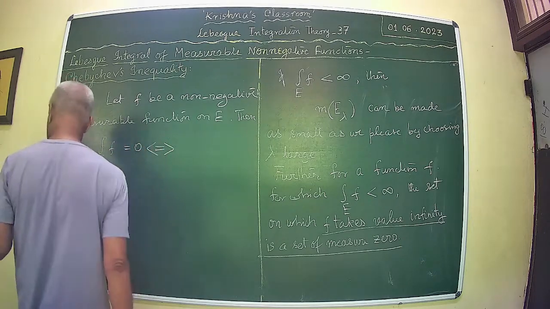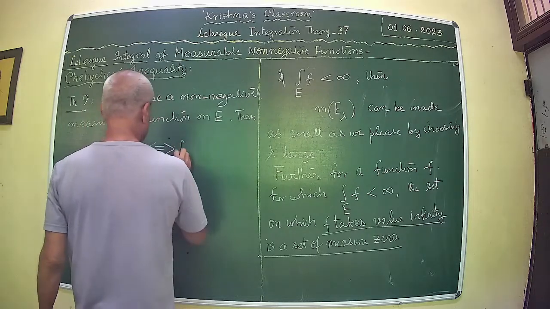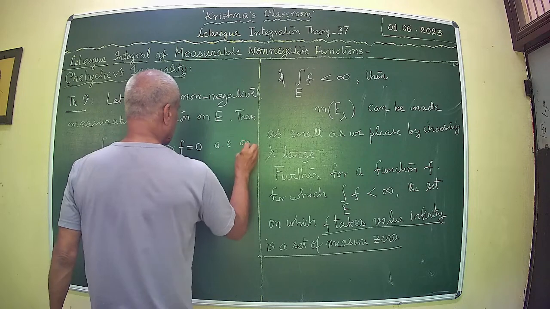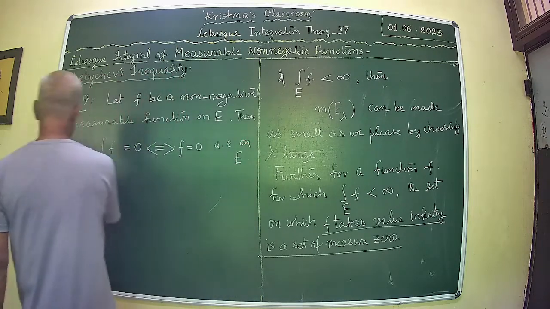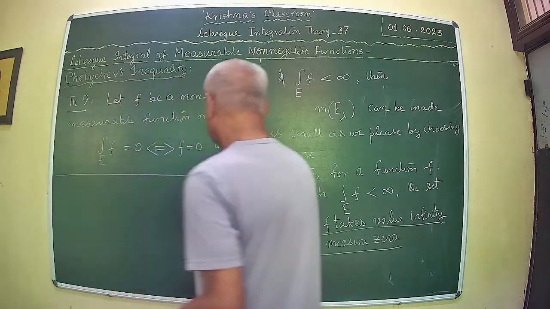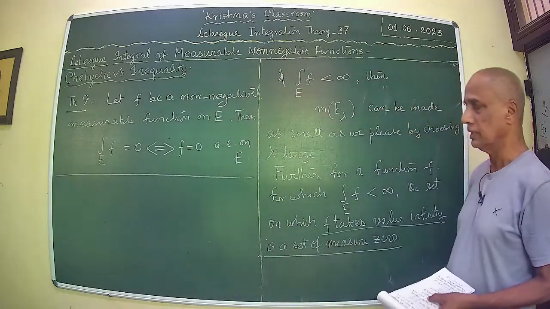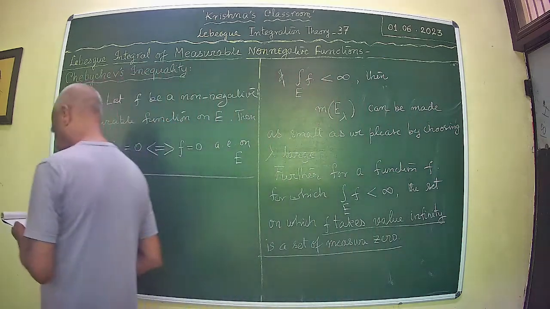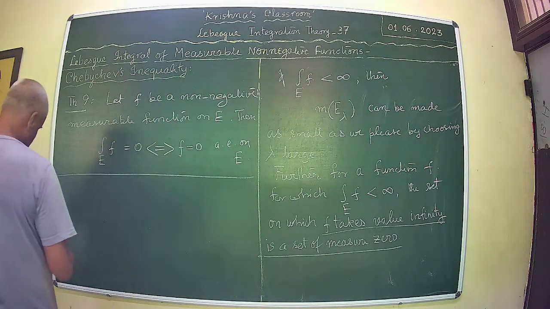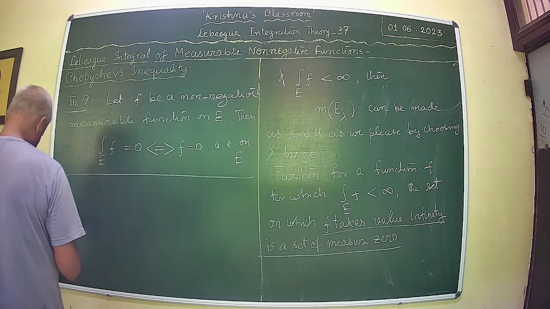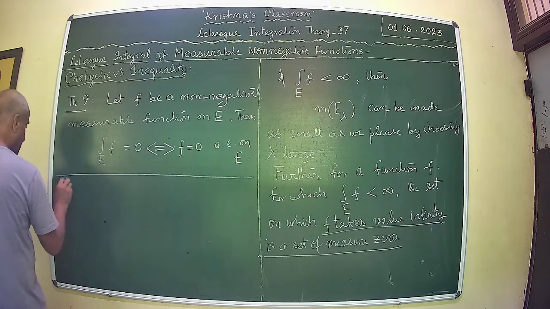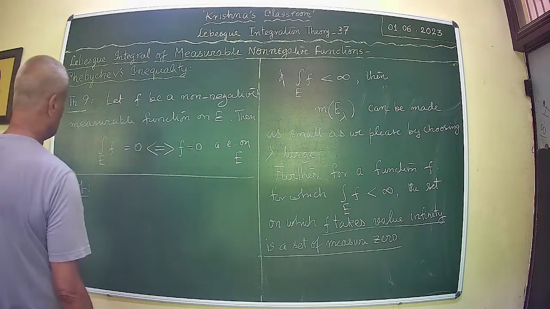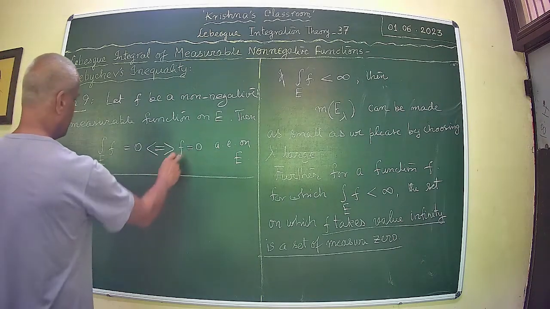If and only if... now this is a very nice result. So integral f equal to 0 implies f is 0 almost everywhere. How will we prove this result? First we assume this and then prove this.